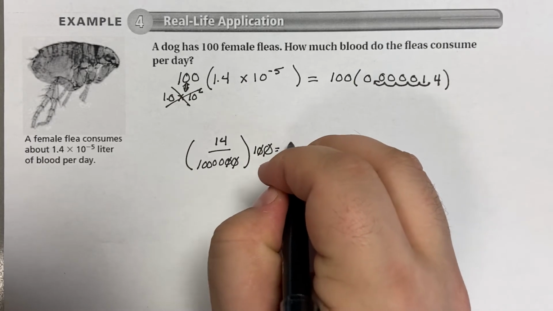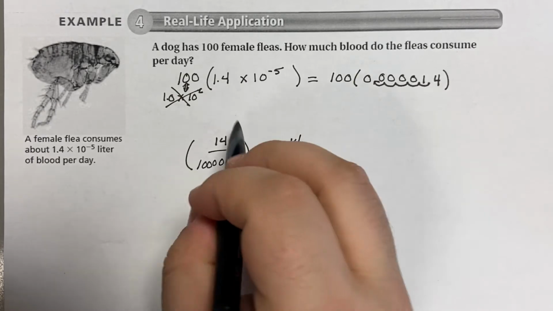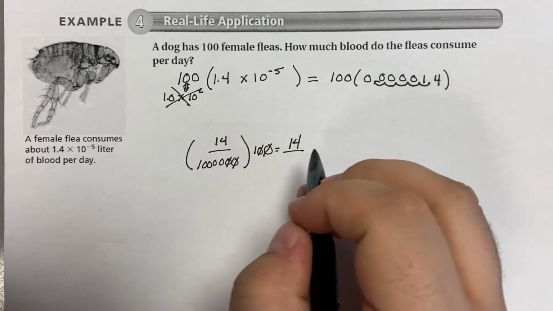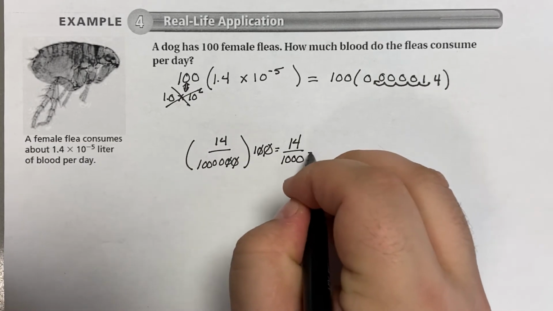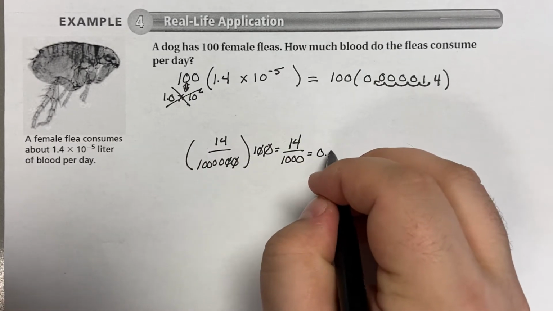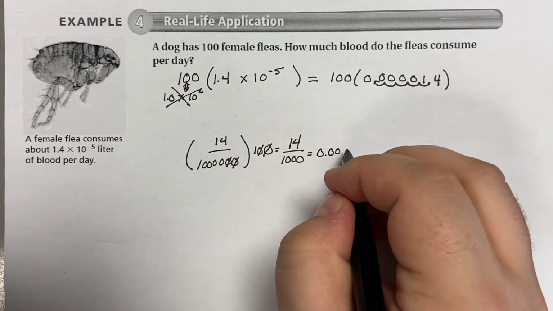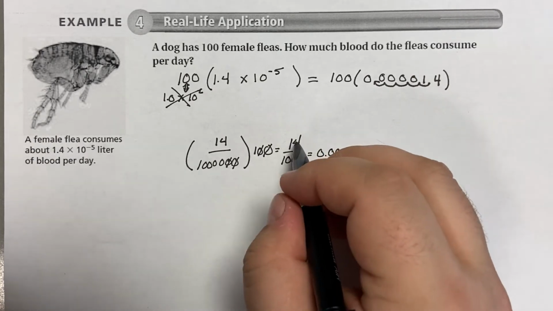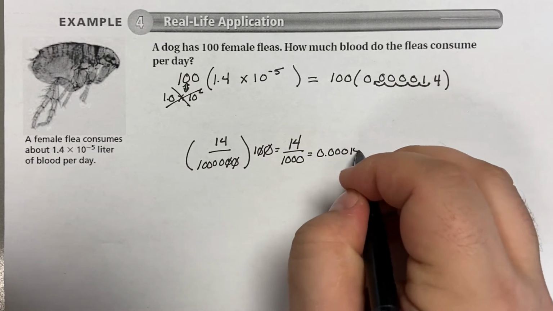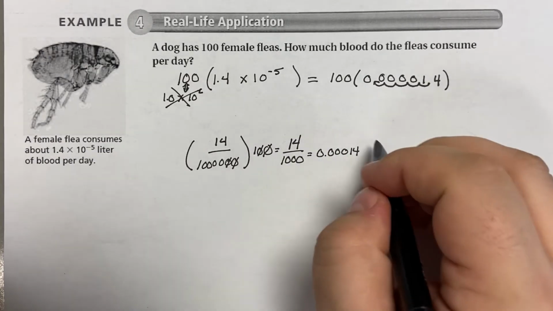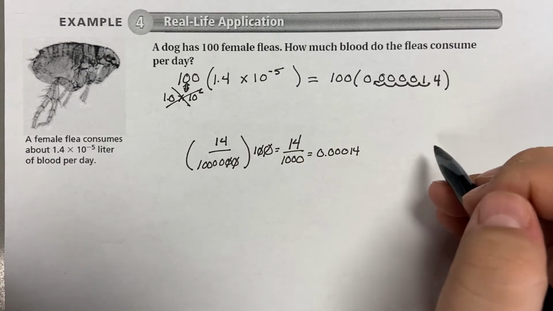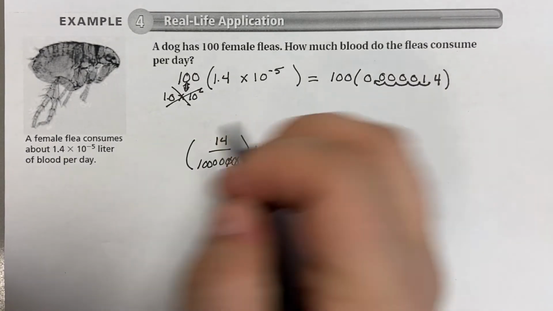And so it's the same thing as 14 over, what is that, 10,000? Yep, 10,000. I could go through all that with fractions. So here's one way.